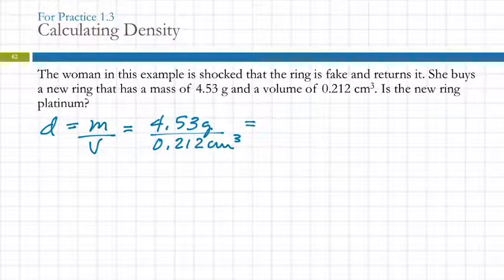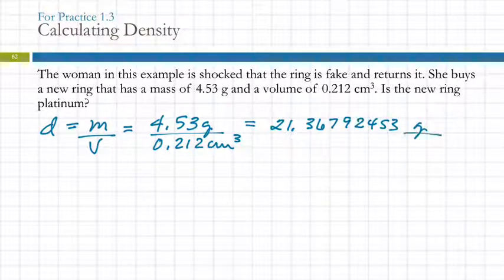And my calculator gives me this big old mess. And we're going to learn in a few minutes what to do with all those numbers. You should have heard of sig figs before, and this should be rounded to 21.4.